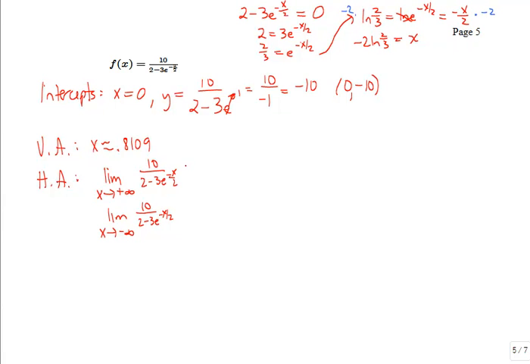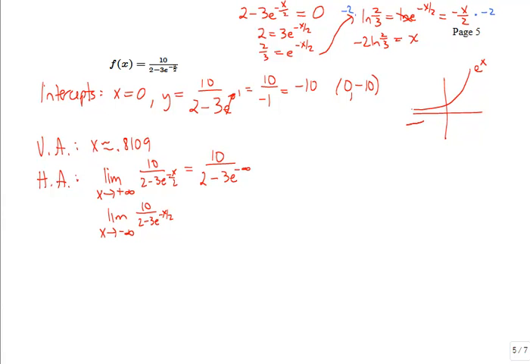Okay, so if you were to plug in essentially infinity, think about what this would do. You have e to the negative infinity over 2. So this is kind of like 10 over 2 minus 3 times e to the negative infinity, essentially. Now think about what the graph of e to the x looks like. Nice exponential graph. So what would e to the minus infinity look like?